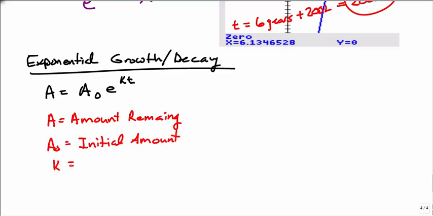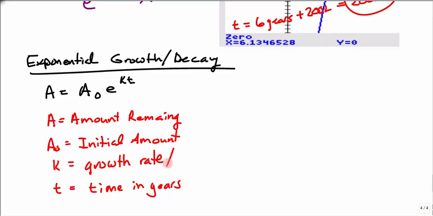Now K is going to end up representing some sort of a factor of growth. So it's a rate of growth. And T, of course, is equal to the time in years. Now the variable that represents growth or decay is K. So this is either growth rate or decay rate.